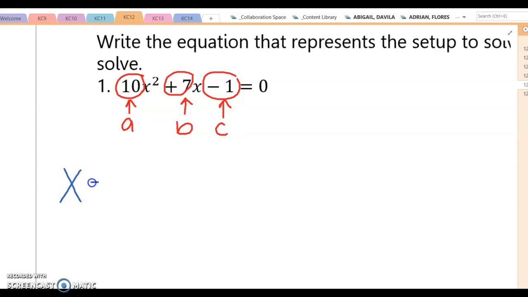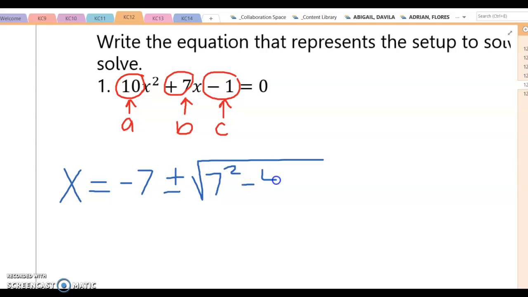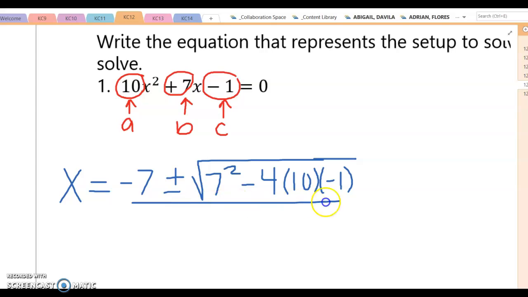So x equals negative b, so b is 7 right now, so it would be negative 7 plus or minus the square root of b squared, so 7 squared, minus 4ac, so a is 10, c is negative 1, all over 2a, and then a is 10.